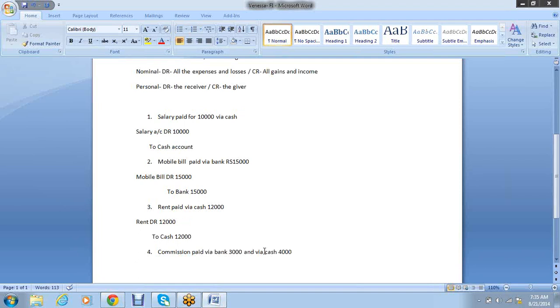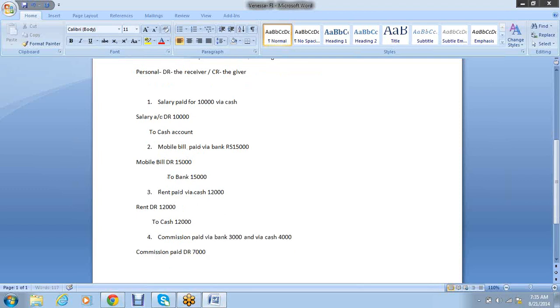I paid the commission, partially from the bank, partially from the cash. So the commission is again an expense account with a total of 7,000. And there are two entries. One is the bank account credit of 3,000, which goes out, and again another, the cash account, is 4,000.